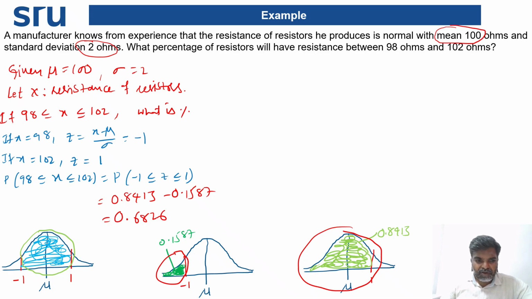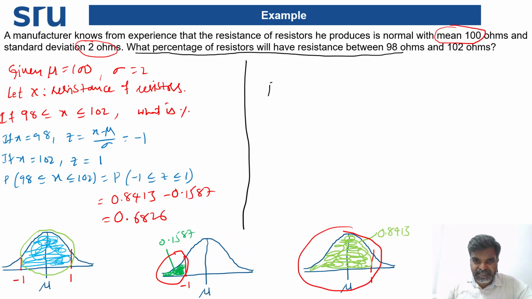Now the question is we have to find the percentage. We have to find the percentage of resistors. You can see here, what percentage of resistors will have resistance between 98 and 102? It is very simple.